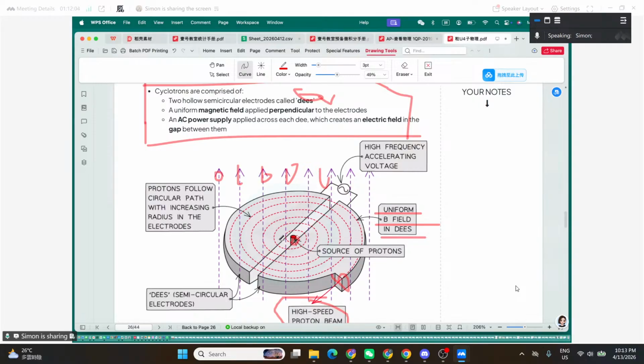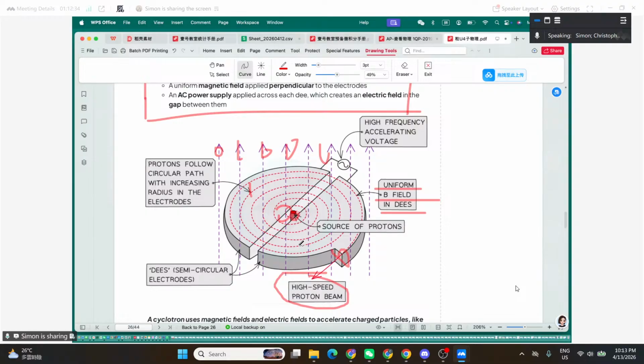Because there's the electric field, the charged particle will be accelerated in this gap. The electrical energy is transferred into kinetic energy. In the D's, the charged particle will be deflected. Understand? How is the electric field created?